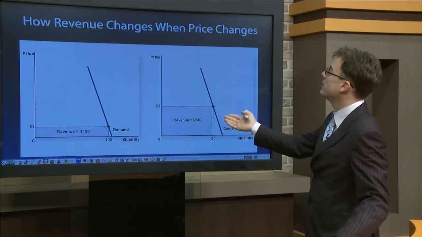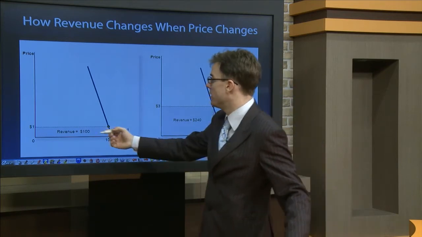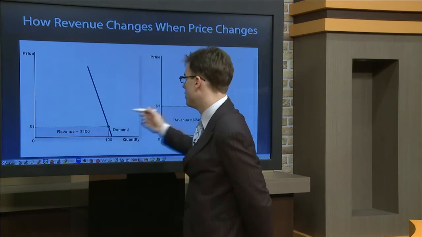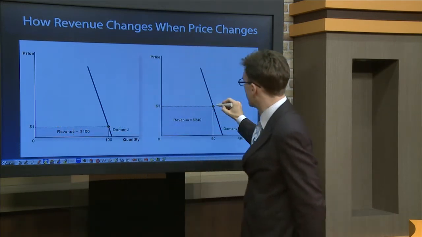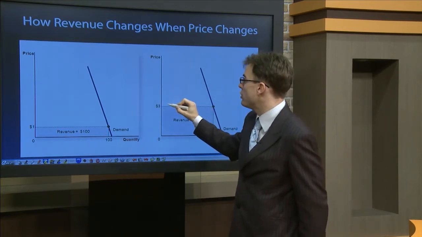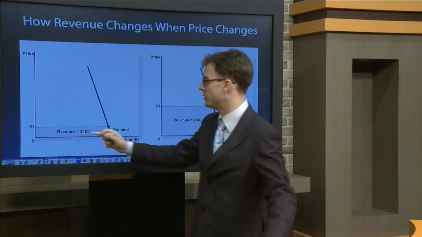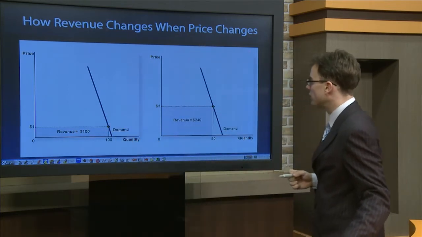So let's look at an inelastic demand curve, and suppose that the price in the market changes from $1 to $3. In this case, we can see that the revenues of producers increased, and here we should think that revenues of producers are just quantity times the price that the producer charges.